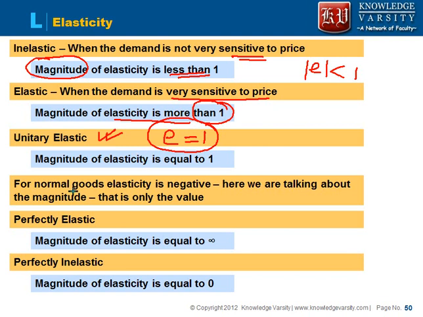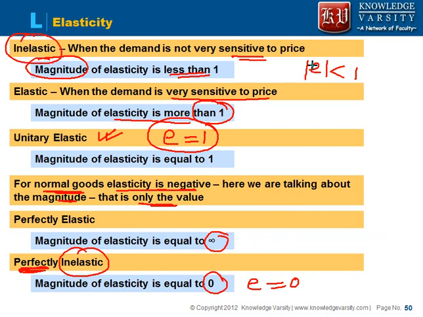Now as we discussed, for a normal good elasticity is negative, so we are talking only about the positive value. Now elasticity can also be 0 or infinity. If the elasticity is 0, what we say is that the demand is perfectly inelastic. So here we use the term inelastic.